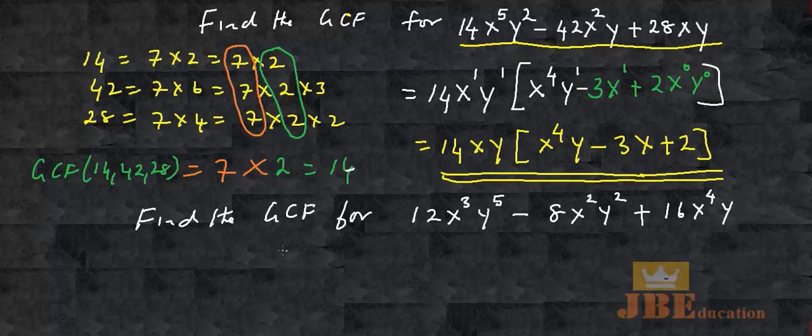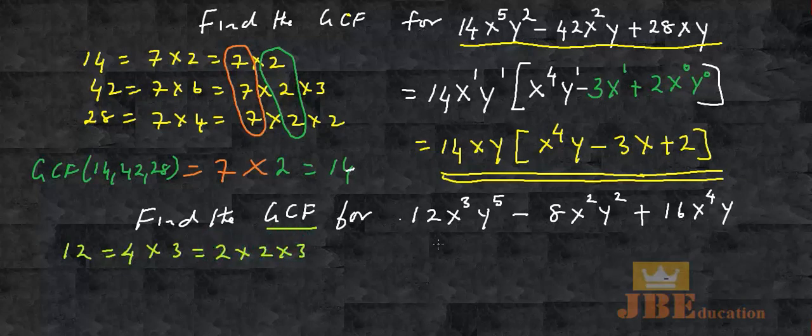Okay, let us try to obtain the GCF factoring for 12x cubed y raised to the power 5, negative 8x squared y raised to the power 2, positive 16x raised to the power 4 times y. Foremost, rewrite the terms in the form of prime factors. 12 can be rewritten as 4 times 3, which can otherwise be rewritten as 2 times 2 times 3.